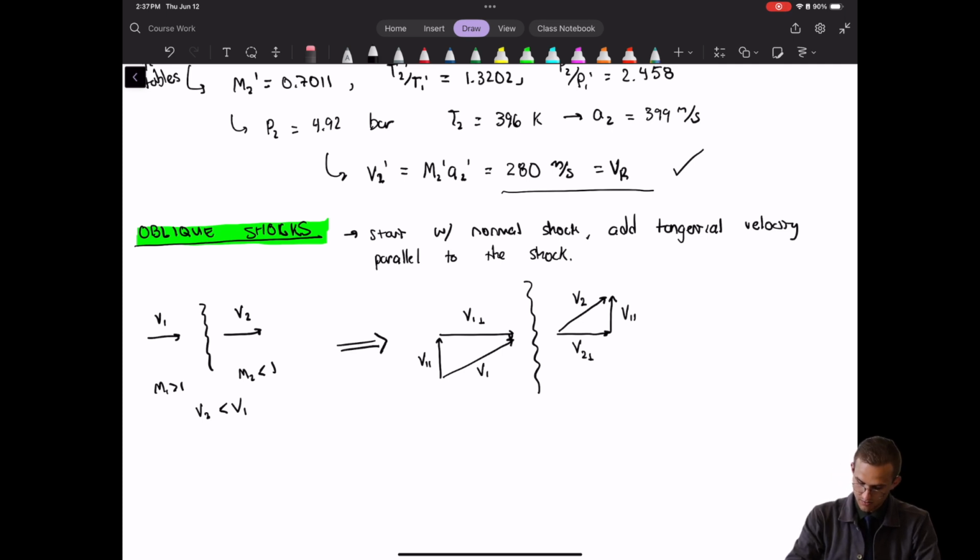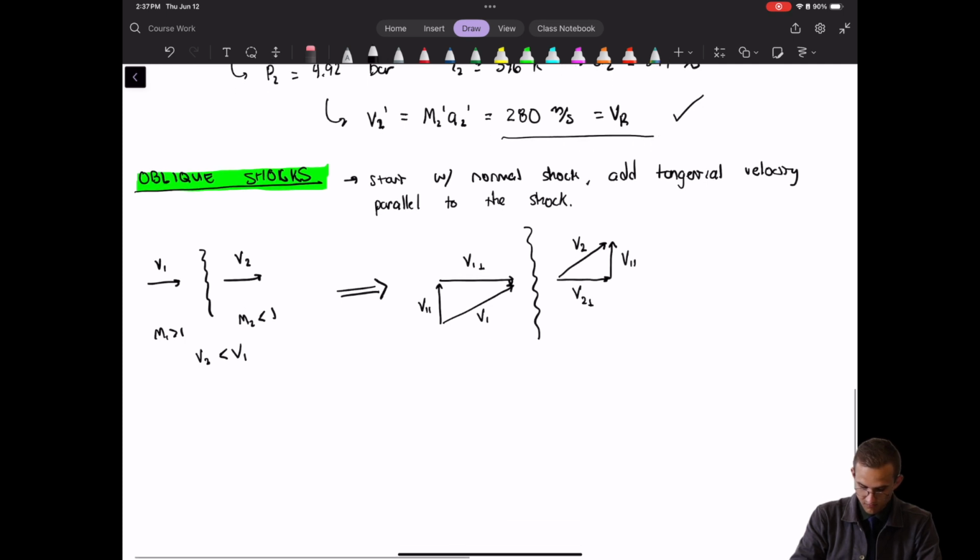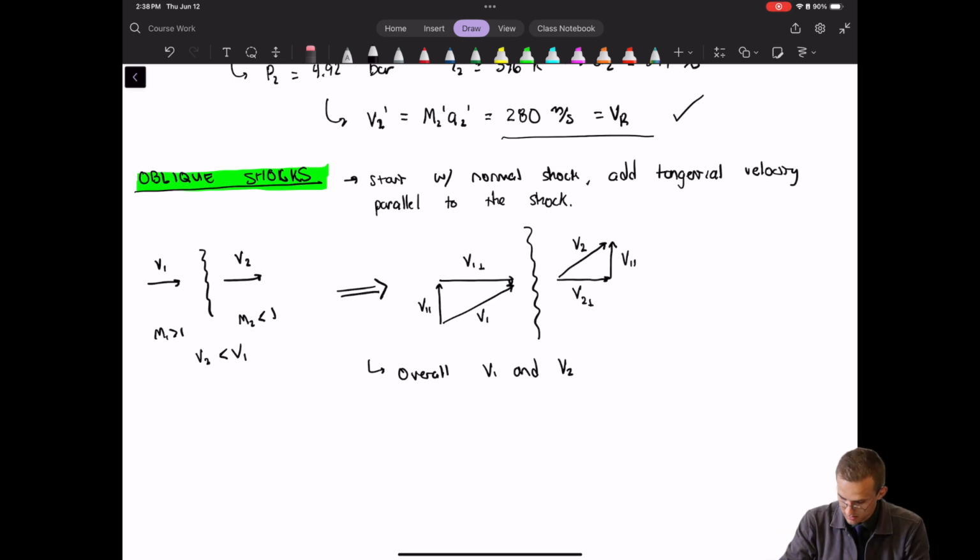Okay, so a couple of points here. The overall V1 and V2 are no longer normal to the shock. So we call it an oblique shock.